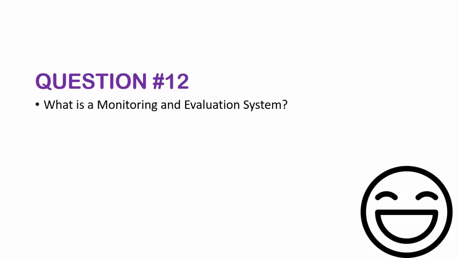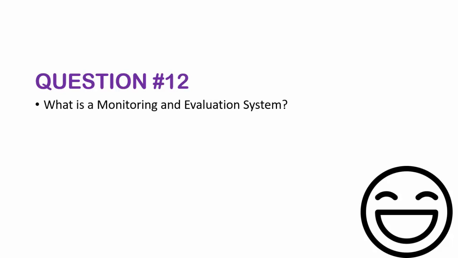All those things define the monitoring and evaluation system. If you look at our own bodies, for instance, if you look at the circulatory system, how many organs make up the circulatory system of the human being? One of the components is a heart.